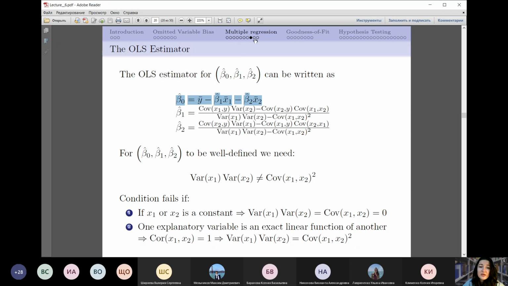If we talk about the multiple regression models, you need to understand the idea and the mechanism behind these formulas. You need to understand how you can obtain them. That this is just the covariance, the difference between the covariance and over the variance minus covariance.